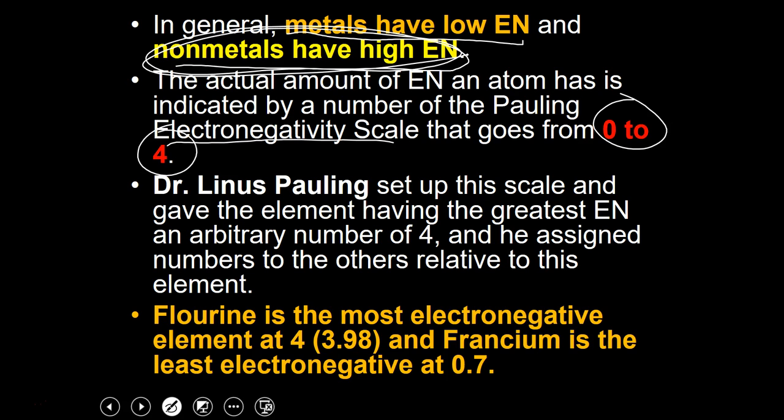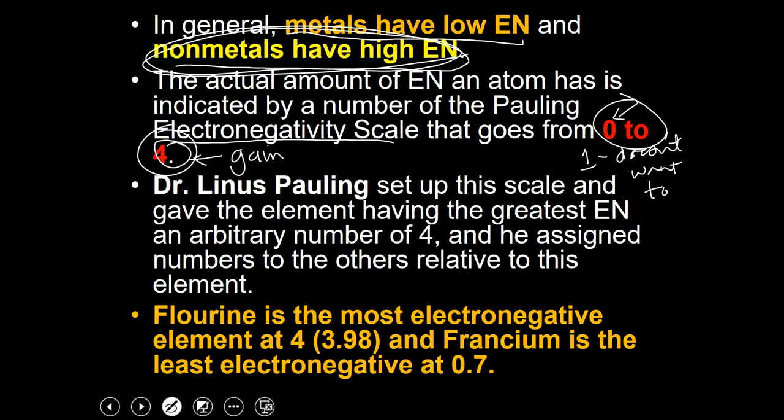So they're going to have a high value, because a 4 means it really wants to gain, and a 0 means that's your noble gases. They don't want to do anything, whereas a 1 doesn't want to. Sorry about my horrible handwriting.